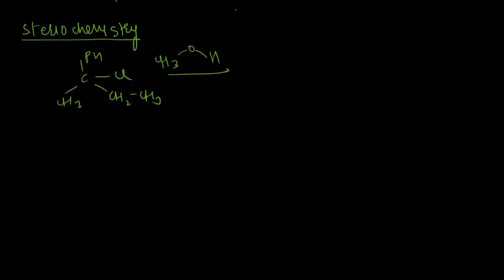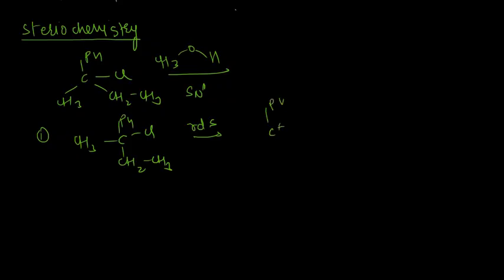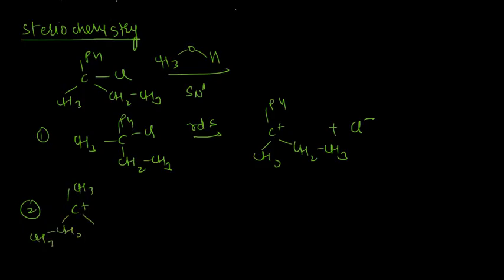First of all, the leaving group will go in the RDS, then C positive, Ph, CH3, CH2, CH3, and Cl minus forms. In the second step, it is a free carbocation now.